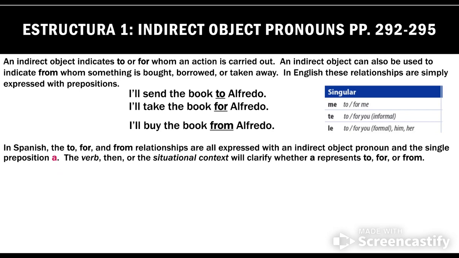The verb and the situational context will clarify whether this a represents to, for, or from. Let's take a look. So I'll send the book to Alfredo, right? To him. So the indirect object pronoun is going to be le.